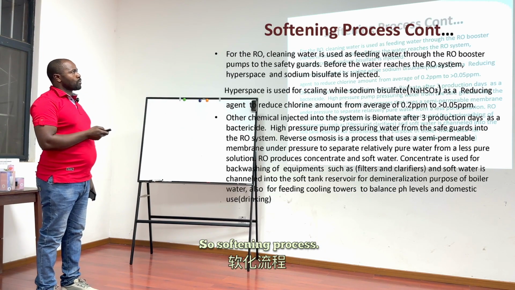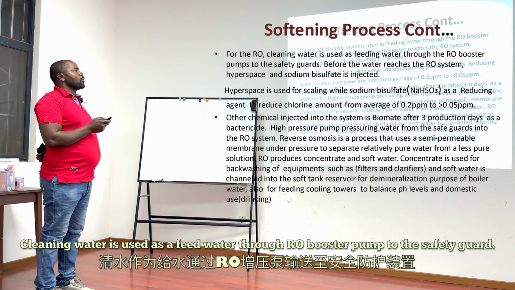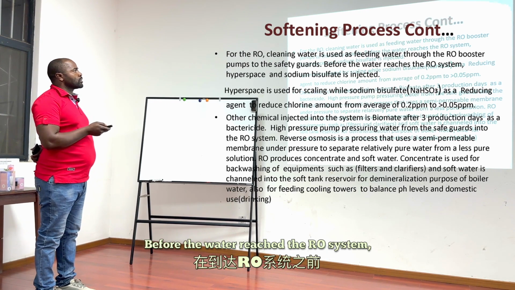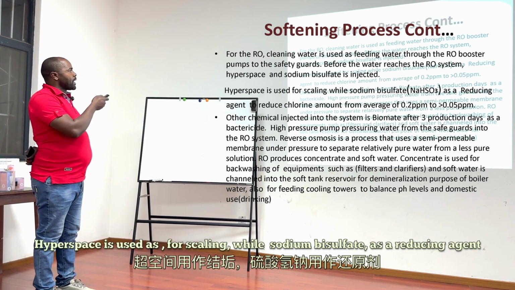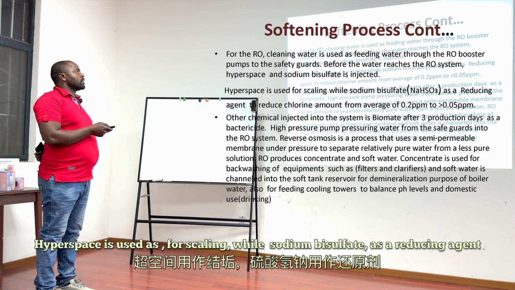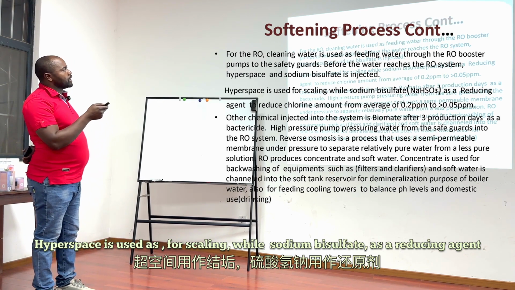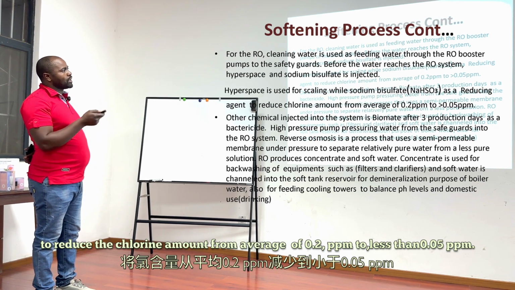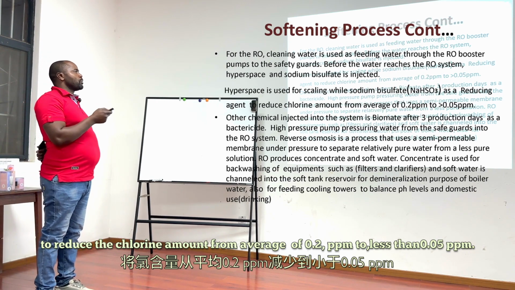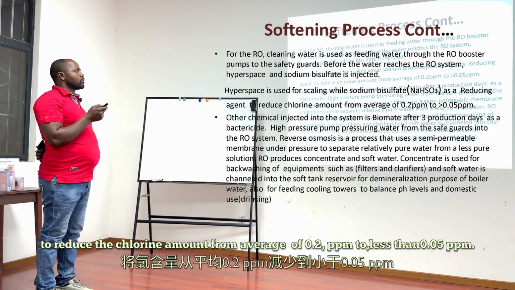So in the softening process, cleaning water is used as feed water through the RO booster pump to the safety guard. Before the water reaches the RO system, antiscalant and sodium bisulfite are injected. Antiscalant is used for scaling, while sodium bisulfite is a reducing agent to reduce the chlorine amount from the average range of 0.2 ppm to less than 0.05 ppm.